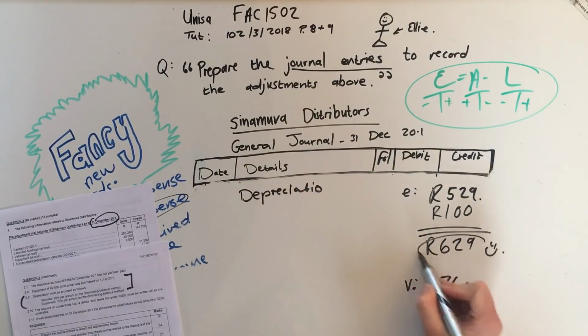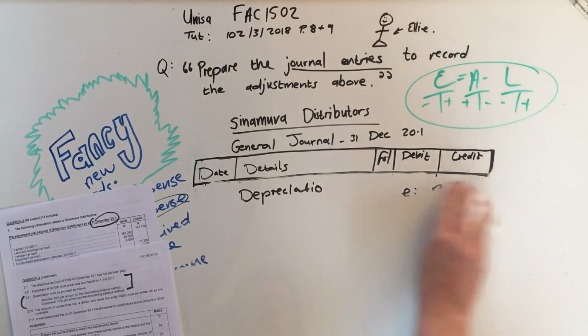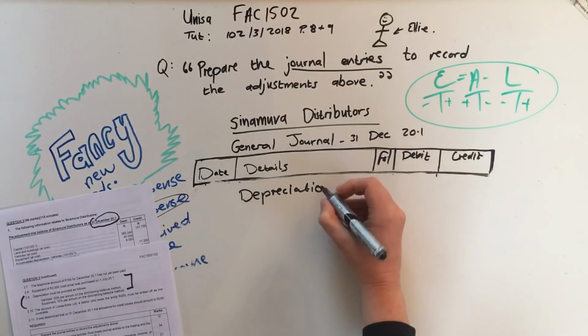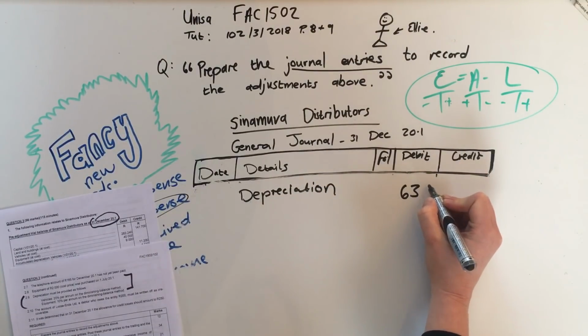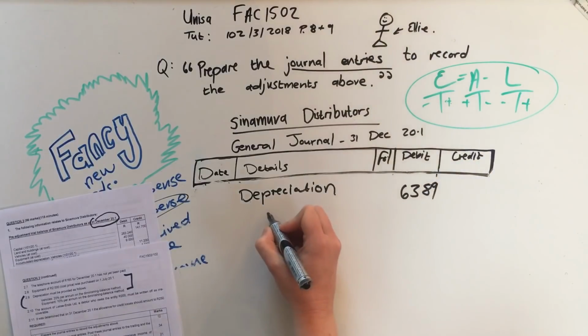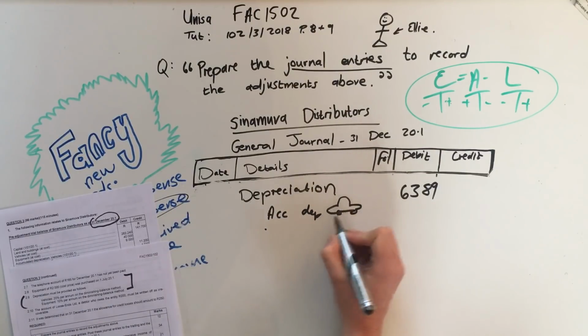Then we take the total, which is this amount plus this amount. Depreciation total amount 6389. And now something we haven't done yet is we're going to have two credits. We're going to say accumulated depreciation on vehicles. That's my car.